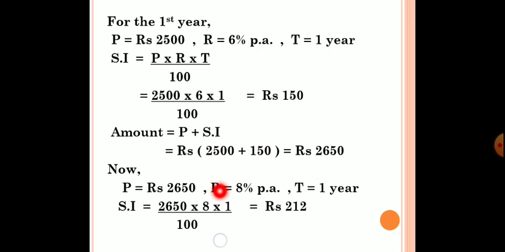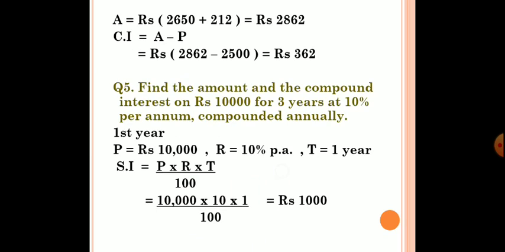So simple interest is equal to P into R into T by 100, so that is 2650 into 8 into 1 by 100, that is equal to rupees 212. So amount for the second year is equal to rupees 2650 plus 212, that is equal to rupees 2862. Therefore the amount at the end of the second year is 2862.